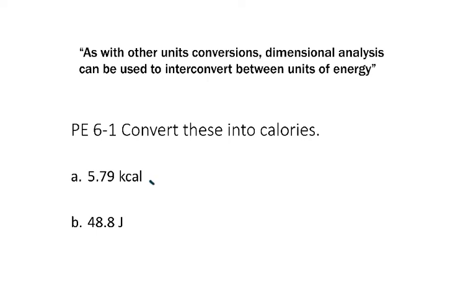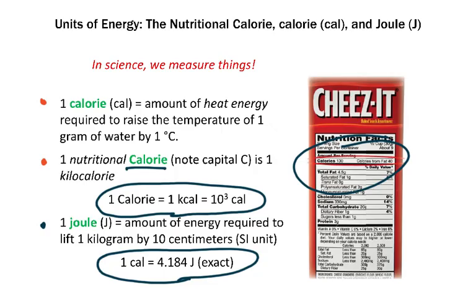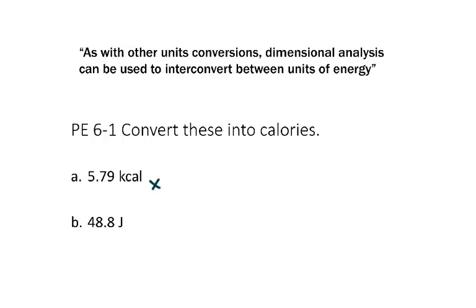Well, I told you, unit conversions are going to come up all the time, right? So we want to convert from kilocalories into calories, and so we know that there are 1,000 little c calories per kilocal.